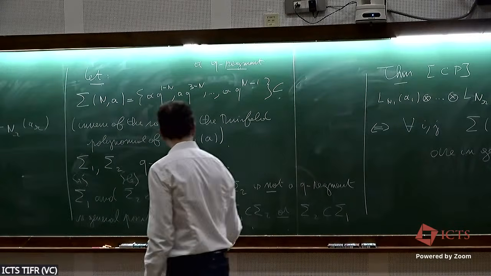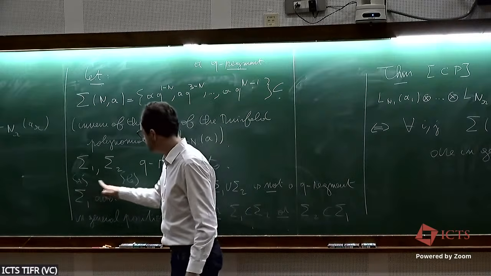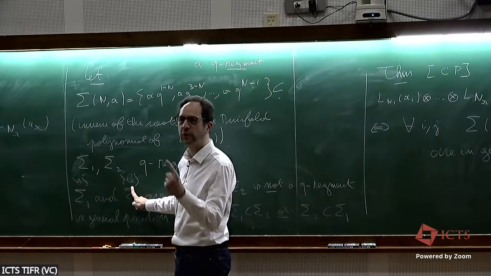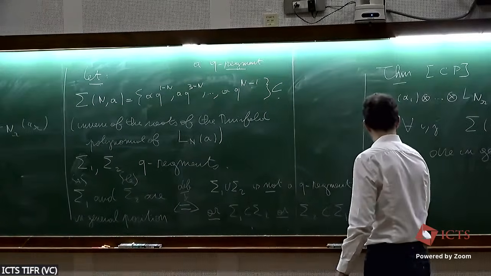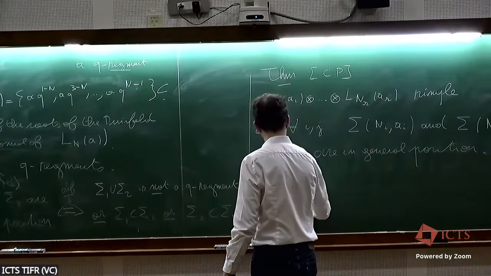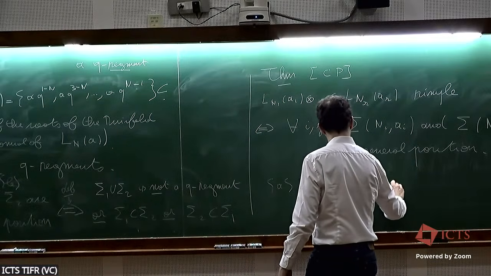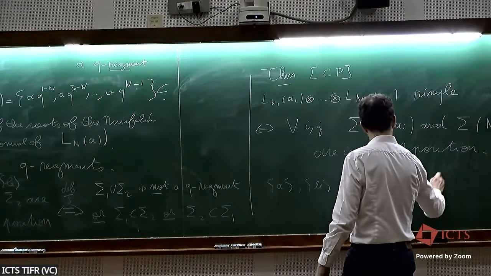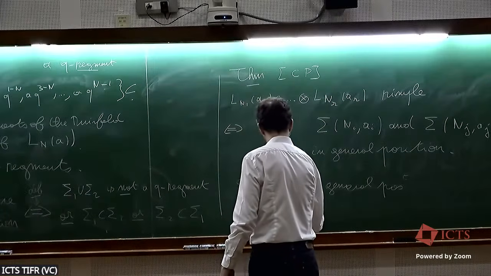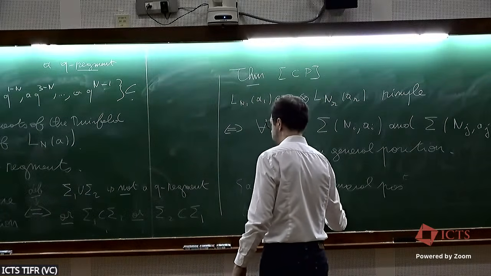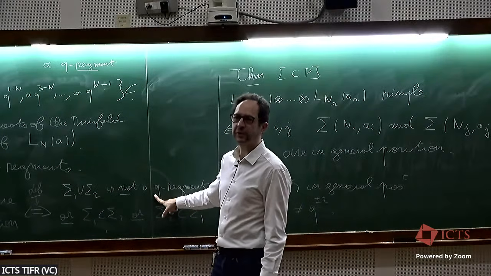So when is it in general position? It's in general position as soon as the quotient of the two complex numbers is not Q^2 or Q^-2. So A, B in general position is equivalent to saying that A divided by B is not equal to Q, because in this case the union is a Q segment.